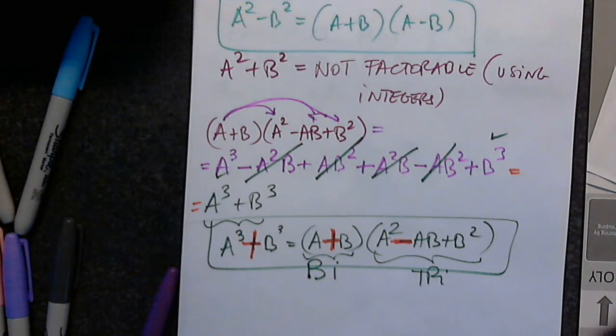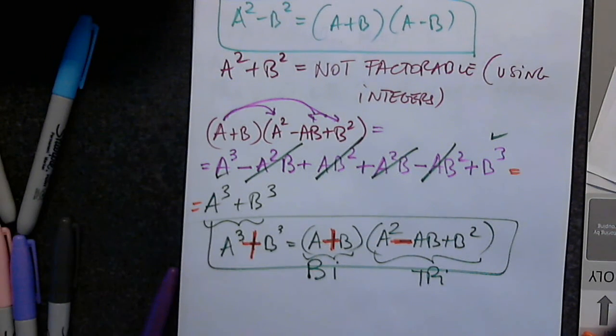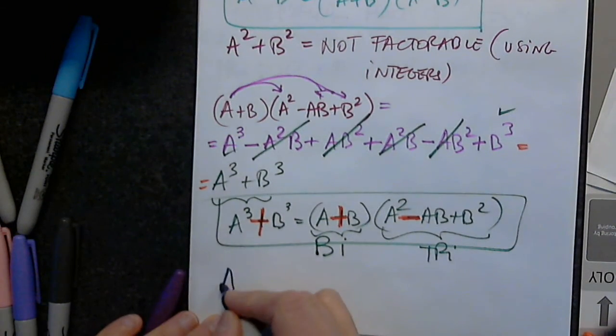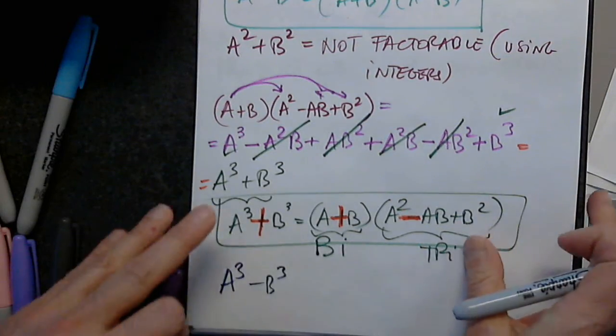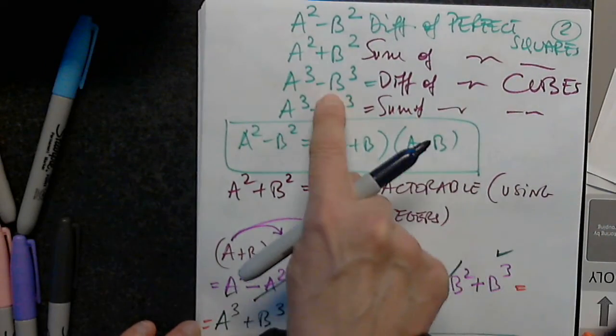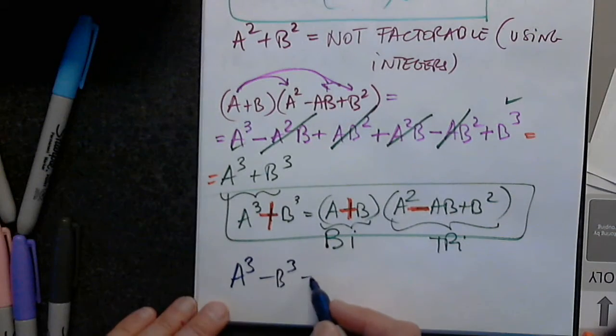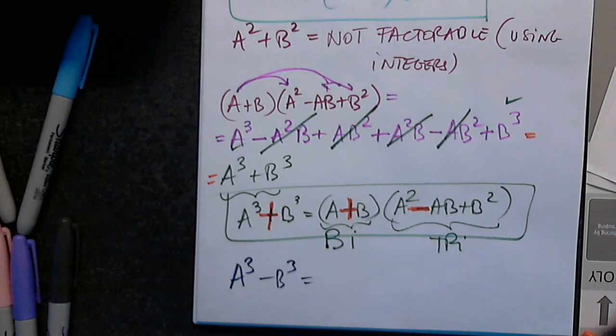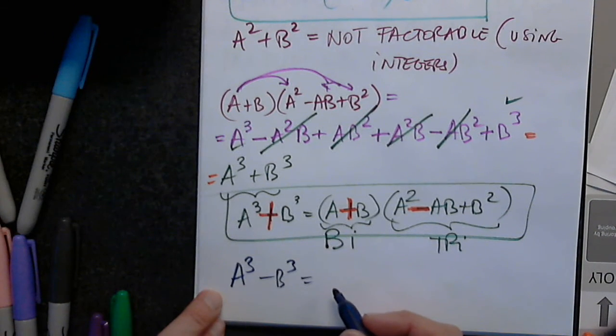Okay. So knowing this pattern now, can you tell me what will happen if I wanted to factor the difference of cubes? Can you come up with an idea? Dictate it and I will put it in. What do you think will happen here?